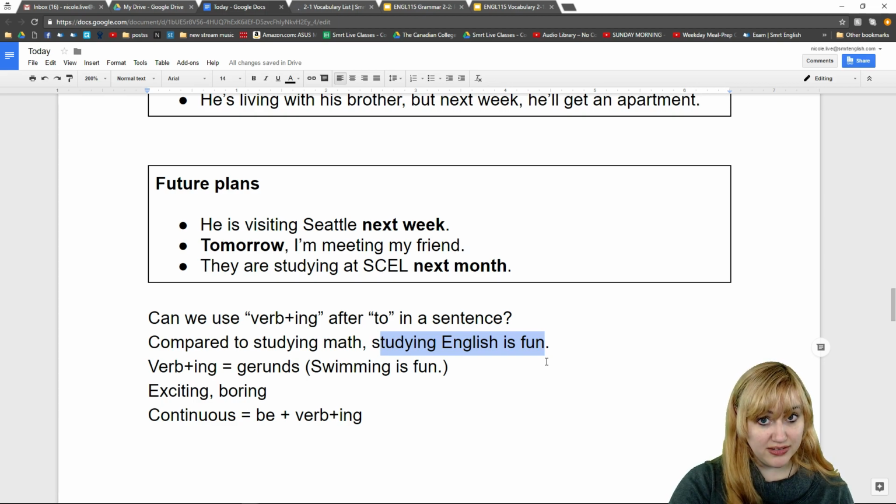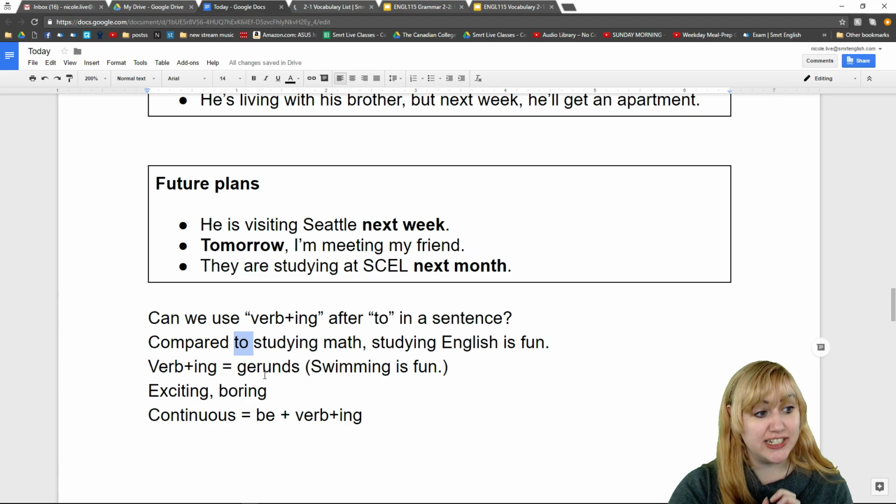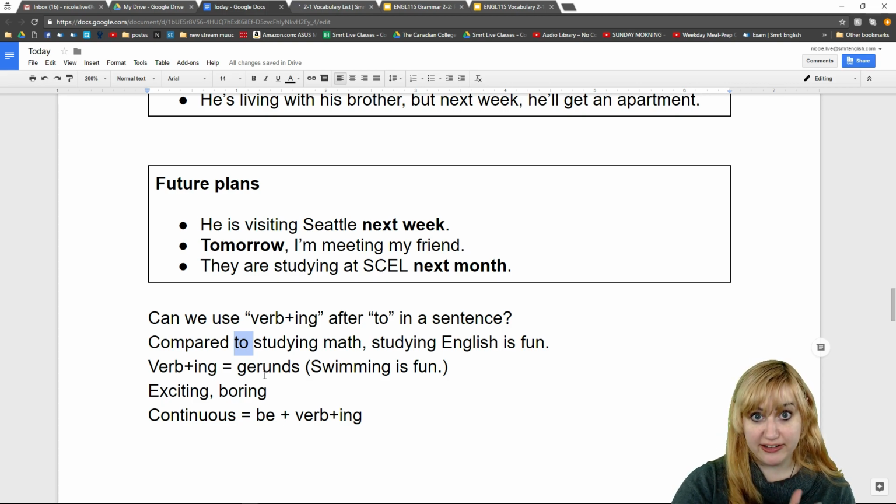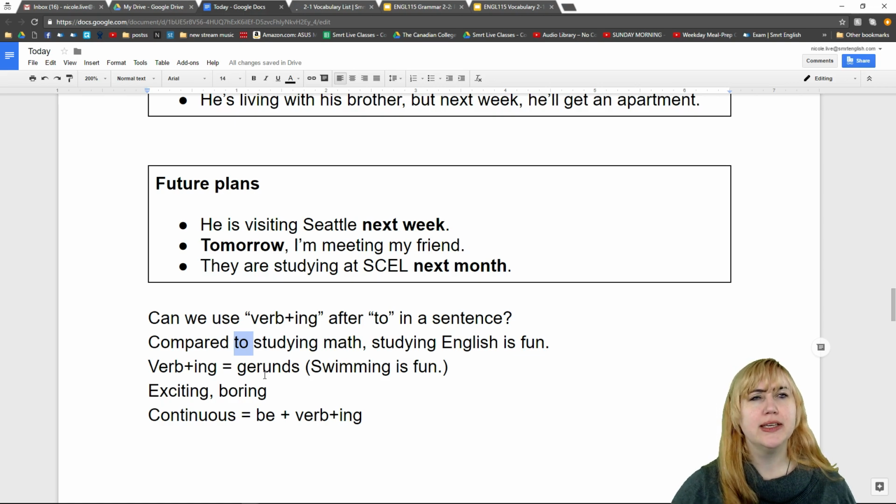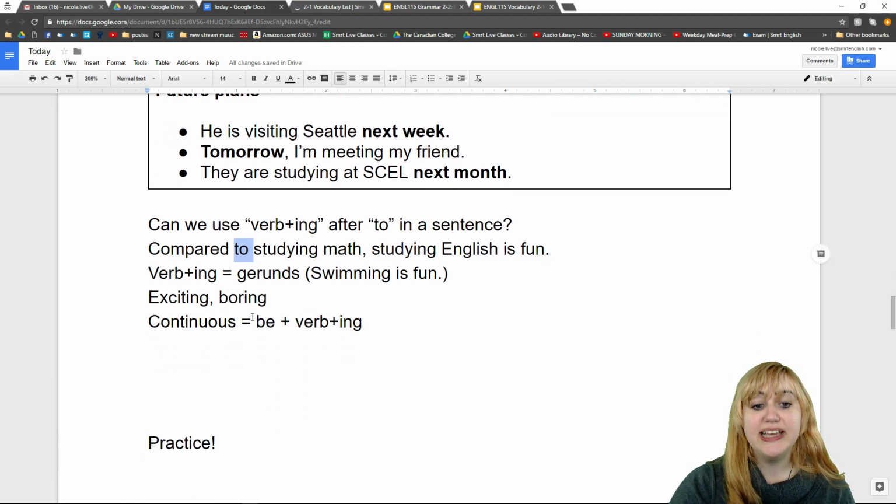So it is possible to see a verb ing after to, but it has to be a gerund after the preposition to, not a to infinitive. Okay? All right. So don't worry if that was a little bit confusing or if that's a little high level. Just know that today we're talking about continuous, and continuous we use be verb, am, is, are, plus verb ing. All right, that's a great question.